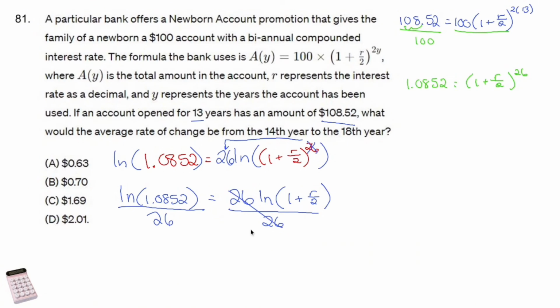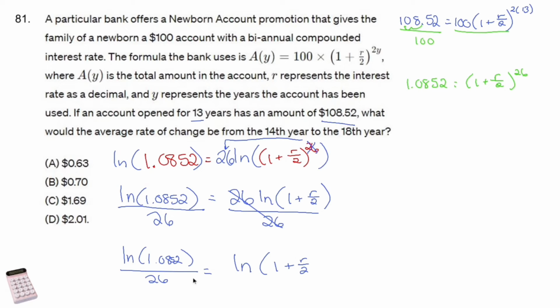Cross you out. That leaves me with, and this is awful, ln of 1.0852 divided by 26 equals ln of (1 plus r over 2).